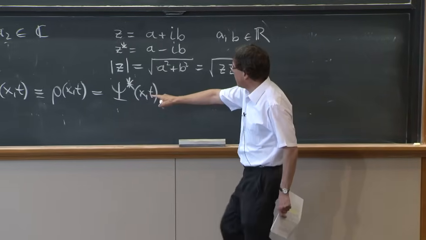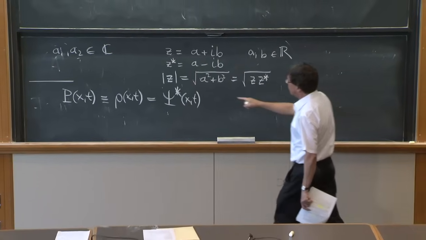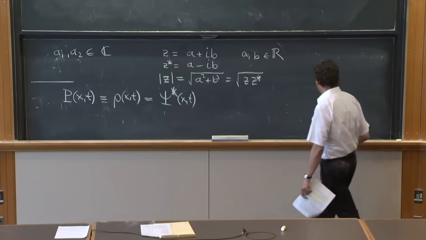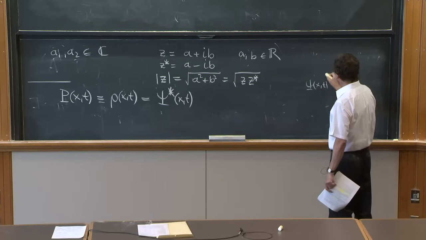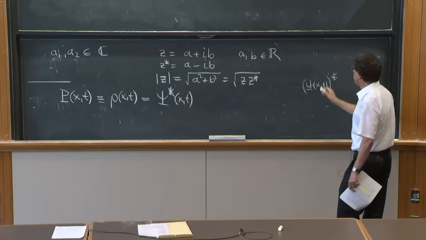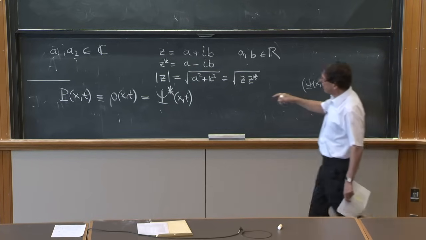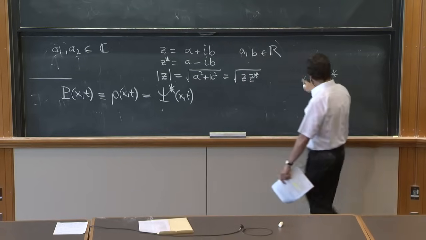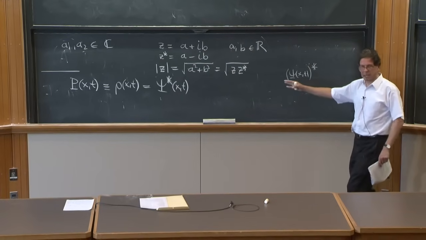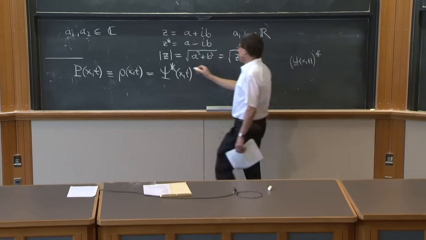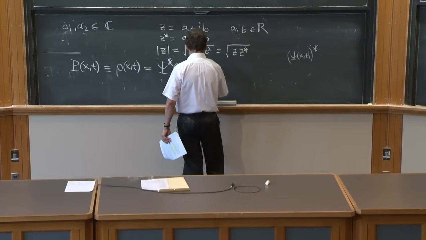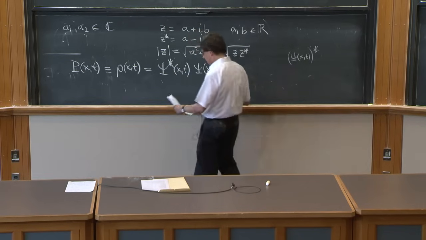The notation psi star really means psi of x and t complex conjugated. You complex conjugate the wave function, and you get that. We put the star here and typically don't put the parentheses unless you have to complex conjugate something that is a little ambiguous. So psi star of x and t times psi of x and t.